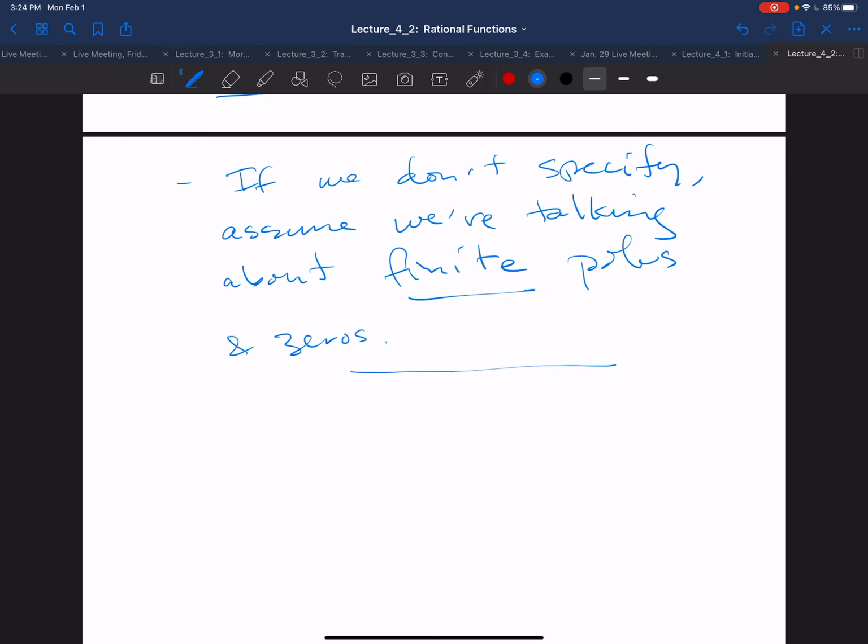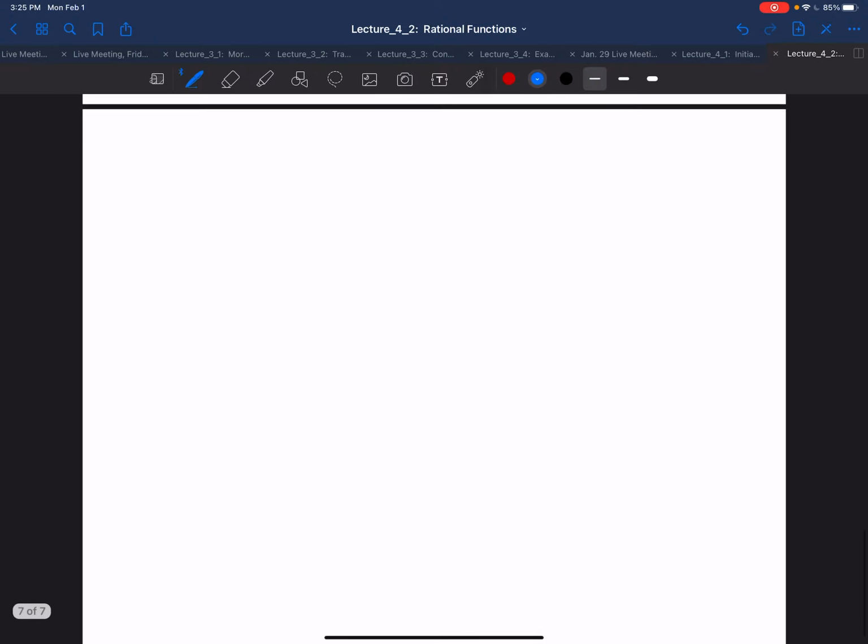There's a bit more we have to say. Most of the rational functions that we've seen so far when computing transforms are so-called proper rational functions. In fact, unilateral Laplace transforms are proper rational functions.